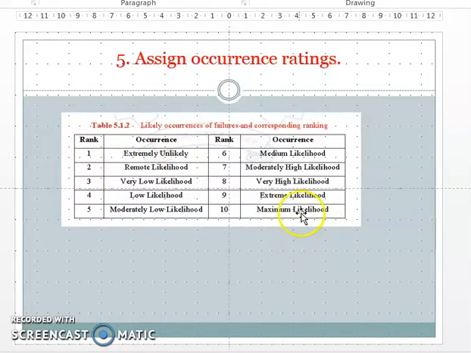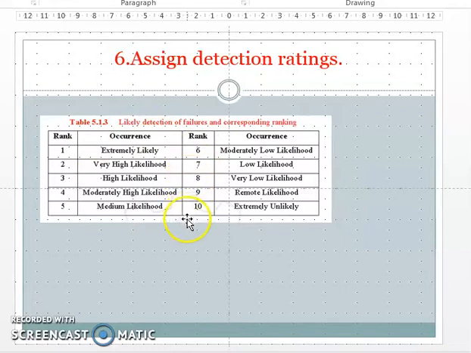If it is maximum likelihood, means chances of the event occurring are more, then you can say 10 rating. And 1, 2, 3, according to the number of occurrences, you should be able to give this rank or rating to the occurrence.